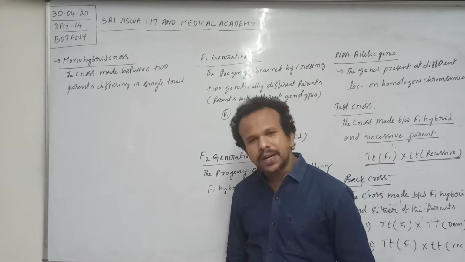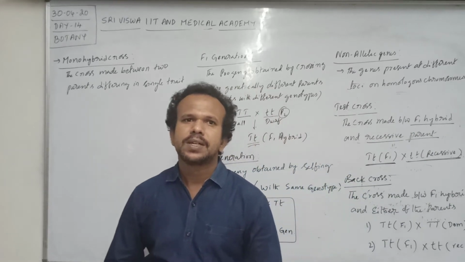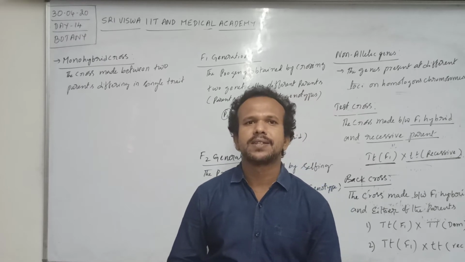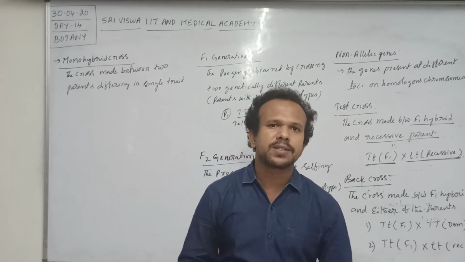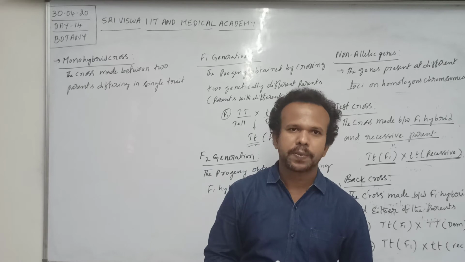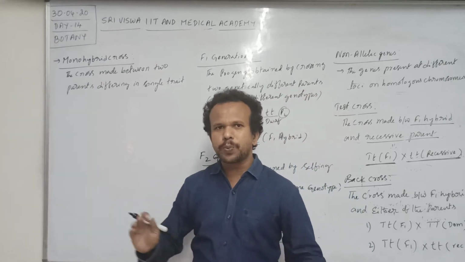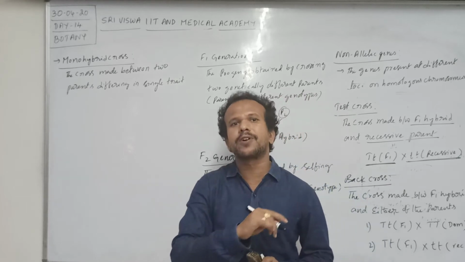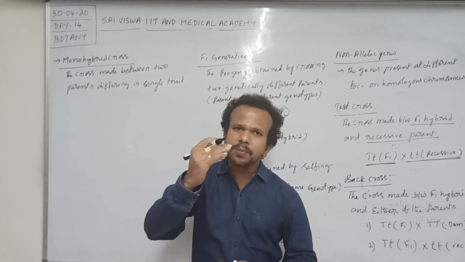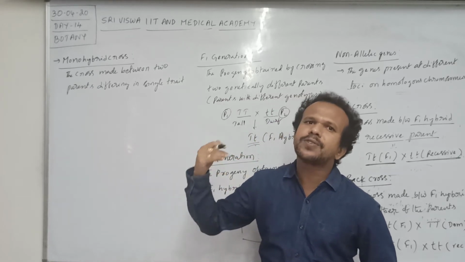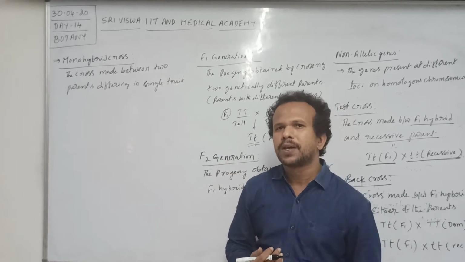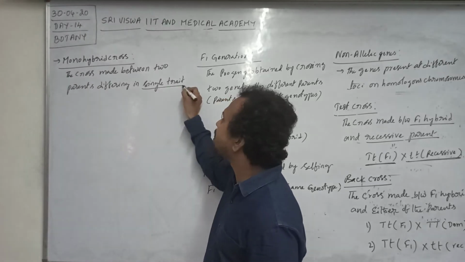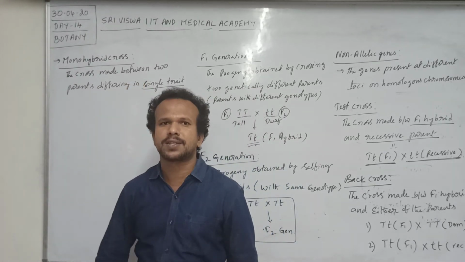Mendel selected 7 pairs of contrasting characters, 7 characters in the form of 7 pairs or 14 traits. Then the 2 parents used in monohybrid cross differ with reference to 1 pair of contrasting characters. They are similar in terms of the rest of the 6 pairs of characters. Such a cross made between 2 parents differing in single trait is said to be monohybrid cross.